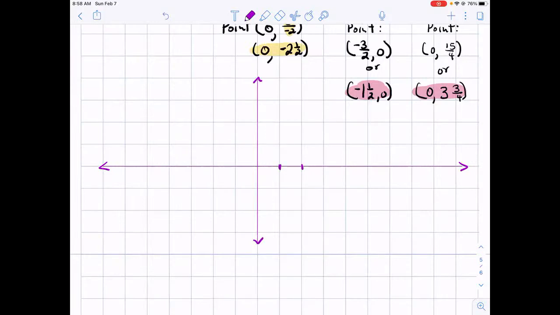This is the x-axis. This is the y-axis. We have 1, 2, 3, 4, then -1, -2, -3, -4, and 1, 2, 3, 4 here.